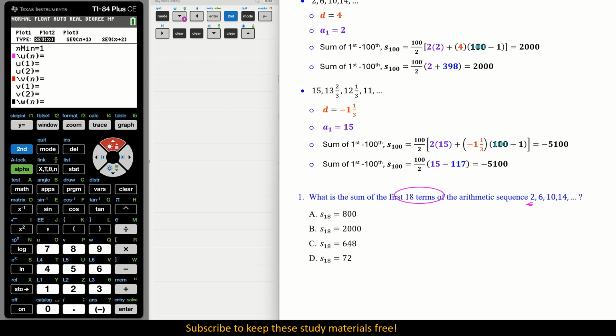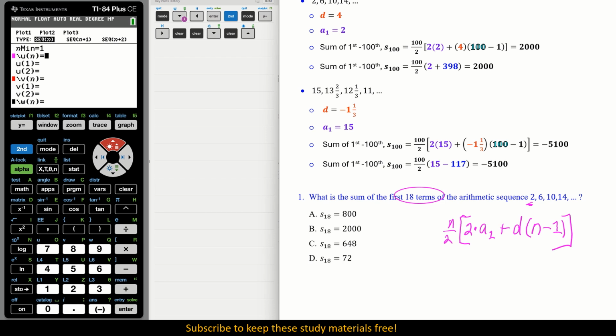We are given a sub 1, and we can come up with a common difference, so we need the first, longer one. Let me write that down: n over 2, bracket, 2 times a sub 1 plus d, parentheses, n minus 1, and then close your bracket.